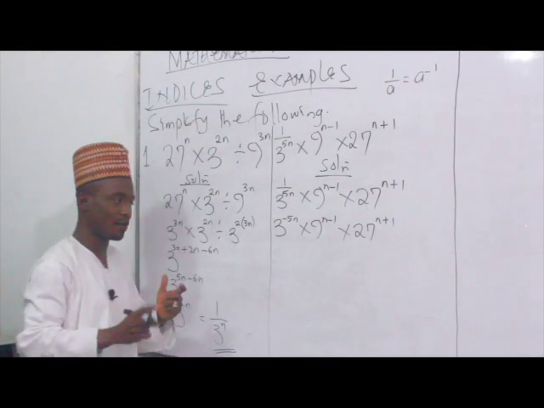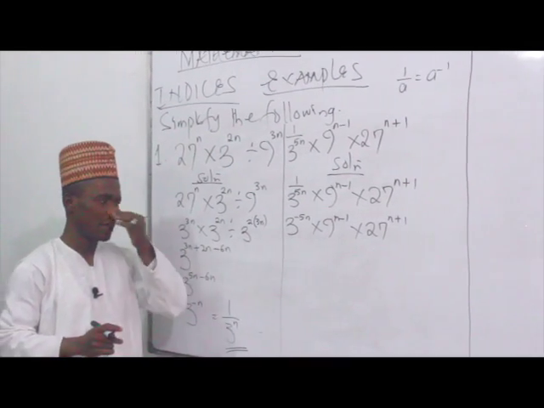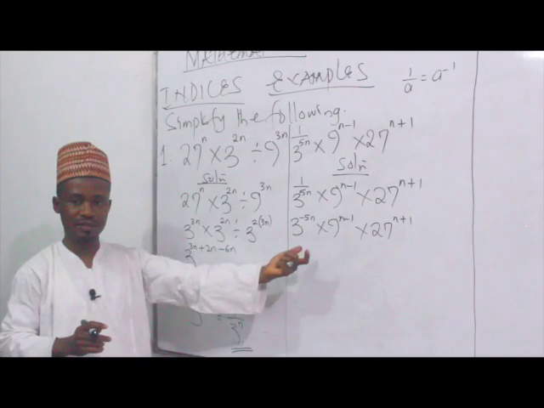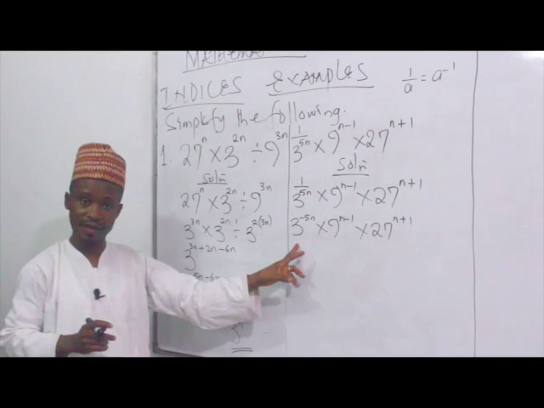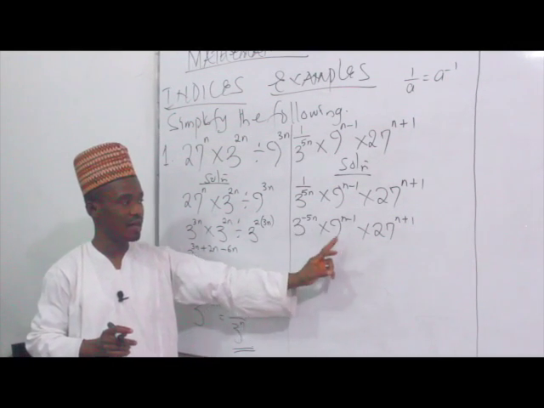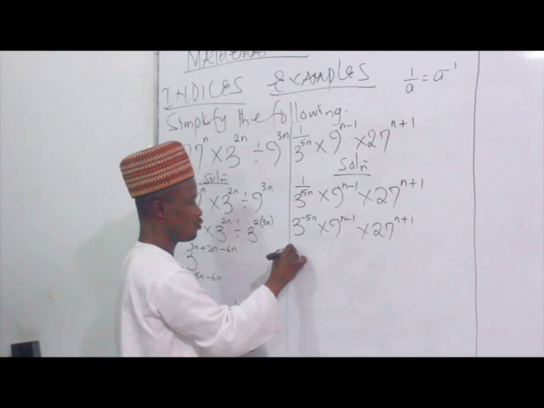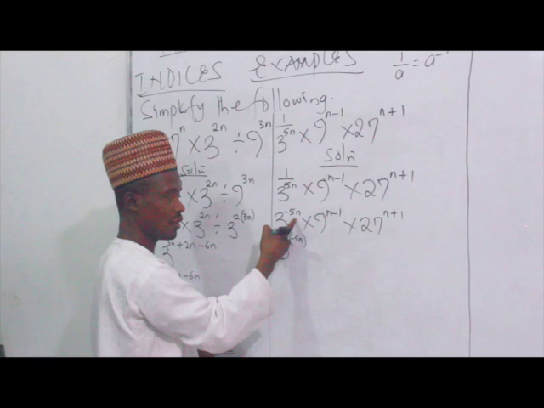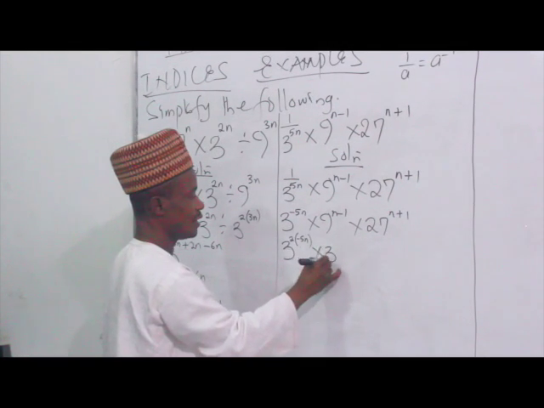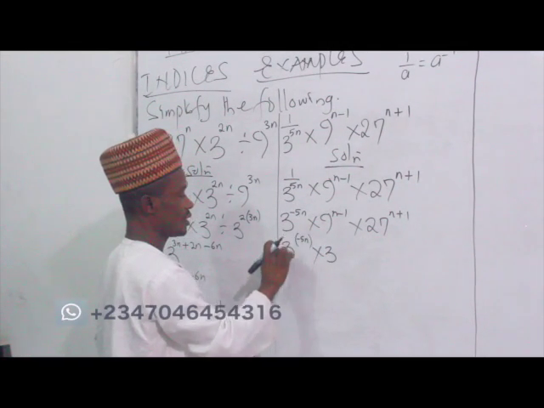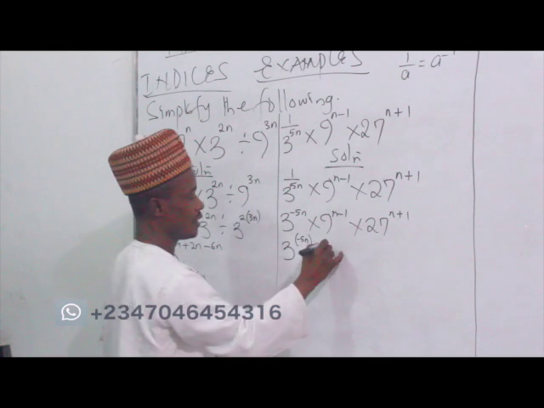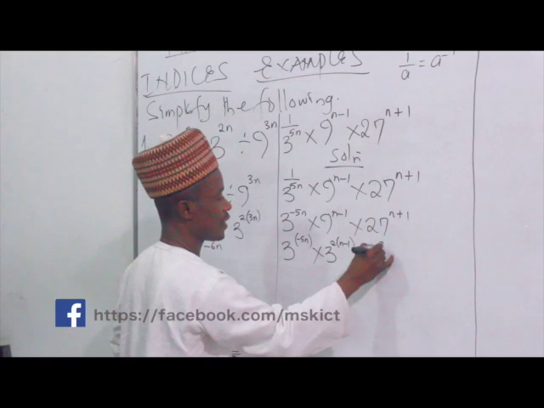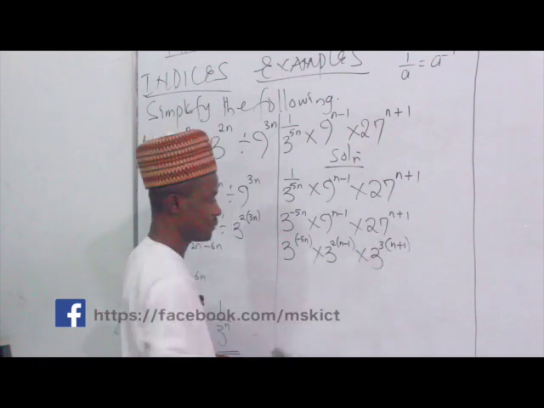The next thing expected of you is to identify the smallest base and see the possibility of expressing other bases in the smallest base. The smallest base here is 3. So let's express 9 and 27 in base 3. This would be 3 raised to the power of 2 into minus 5n, the initial index, times 3, which is already the least base, raised to the power of 2 into n minus 1, then times 3 raised to the power of 3 into n plus 1.